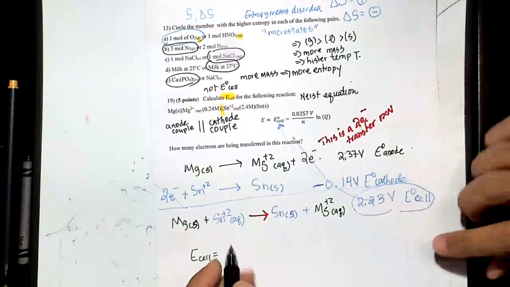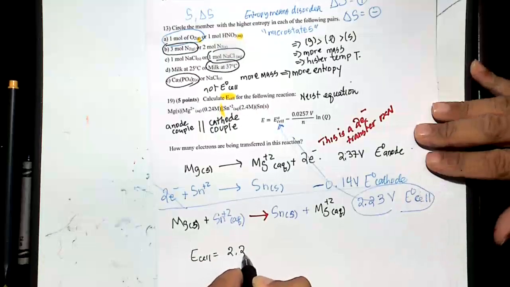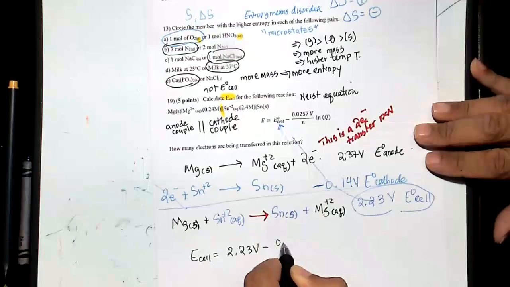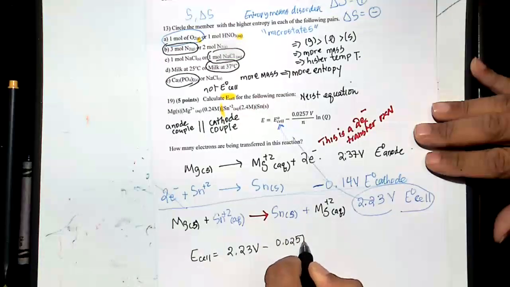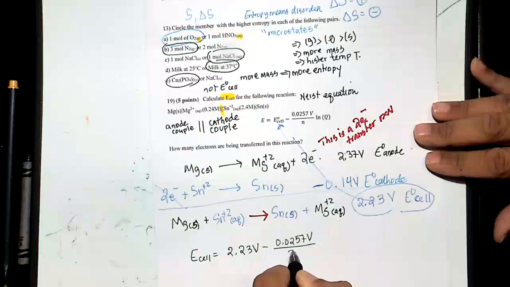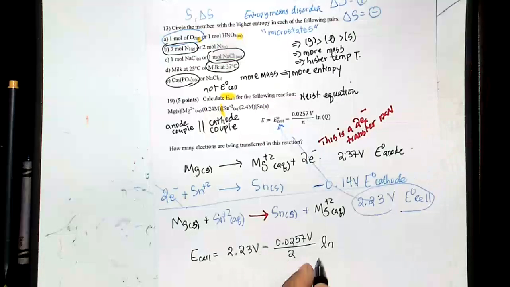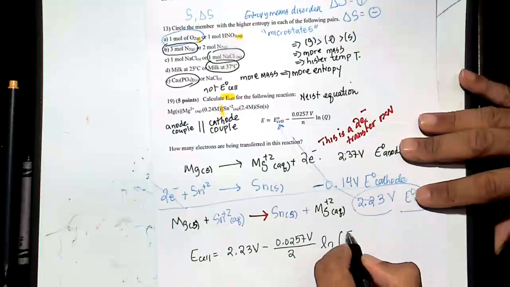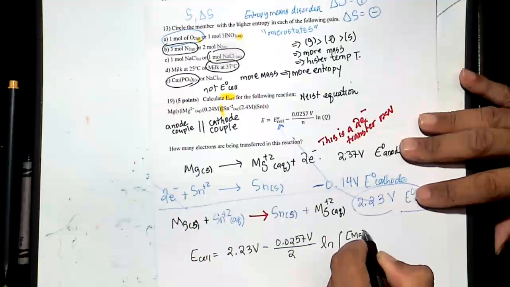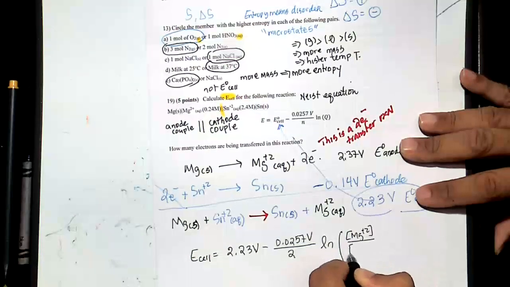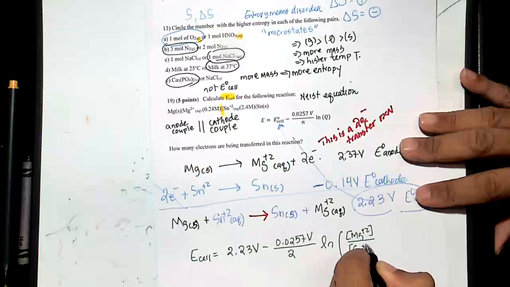E cell is equal to E standard state cell, which is 2.23 volts, minus 0.0257 volts divided by n, which is 2, natural log of Q. Q here is Mg plus 2, products over reactants, Sn plus 2.